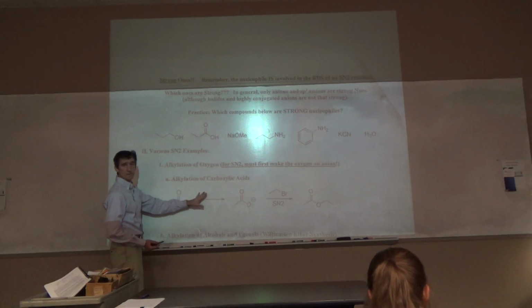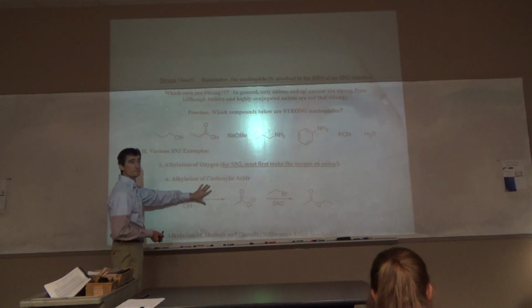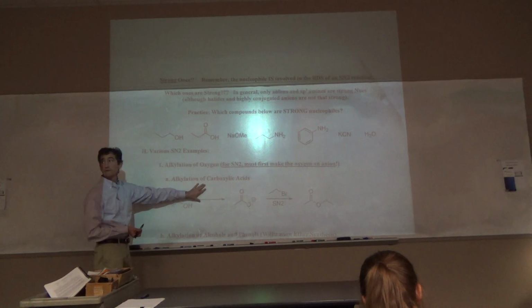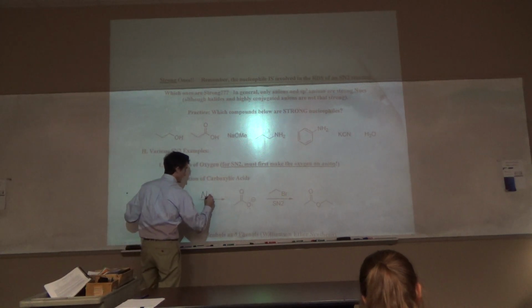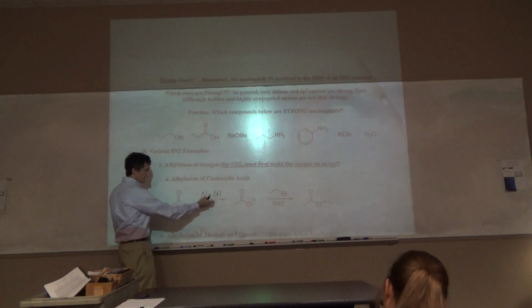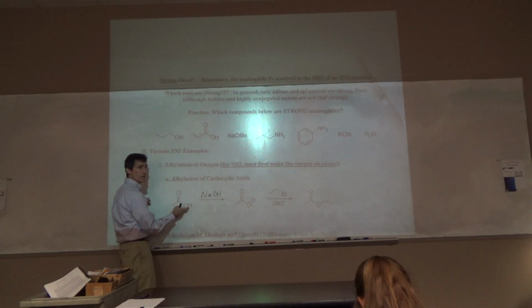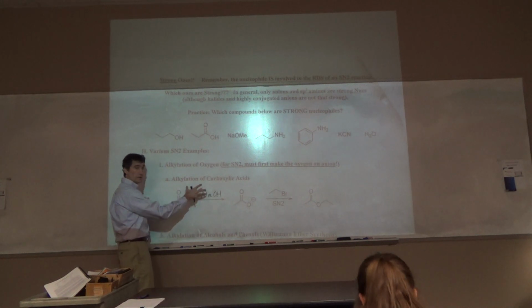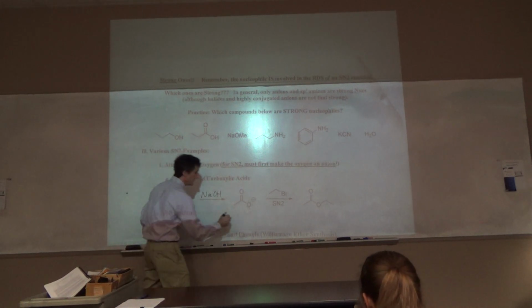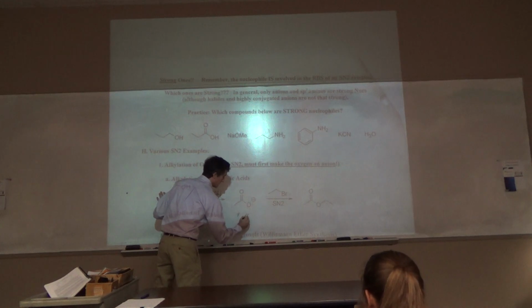What's your favorite base? NaOH? Okay, we can use that. There's a variety of bases you can use here. Sodium hydroxide. Hydroxide will take the H. What will that produce? You should know your acid-base mechanism, and be able to clearly see that you're going to get that plus water.